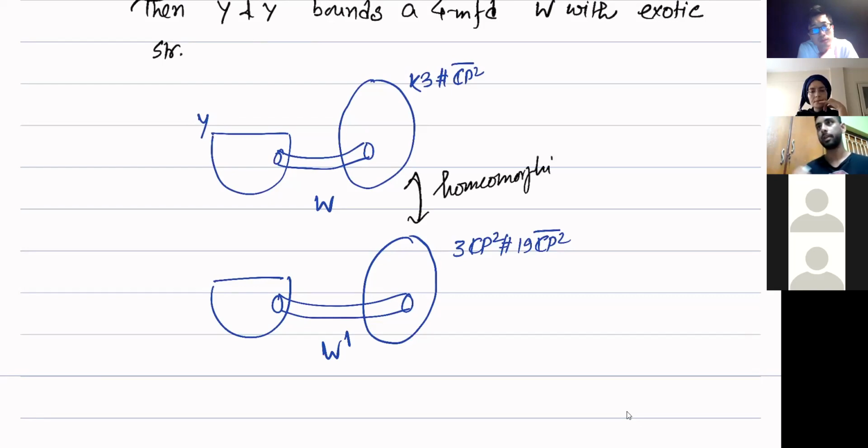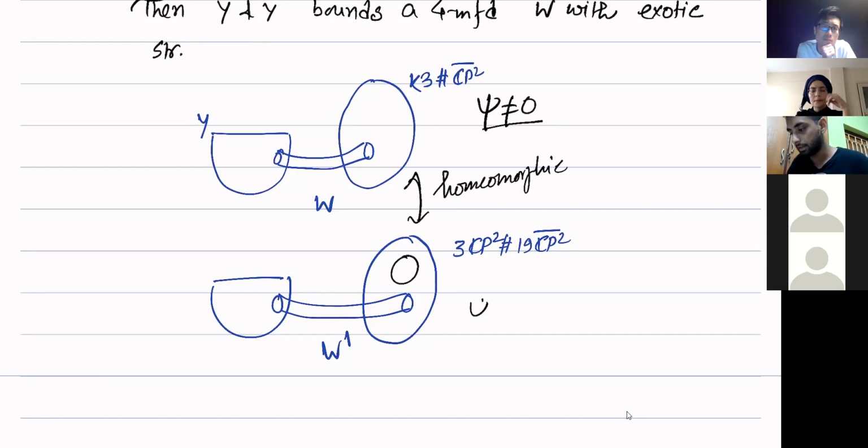So the main difficulty is proving that they are not diffeomorphic, right? But now notice that the new invariant psi here is non-trivial, right? Because one piece is Stein fillable and another piece is symplectic, so psi is non-trivial. But in this piece, in 3 CP2 connected sum 19 CP2 bar, you can easily construct a sphere with self-intersection number 0 and non-trivial sphere in particular.